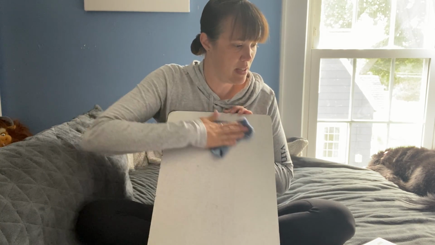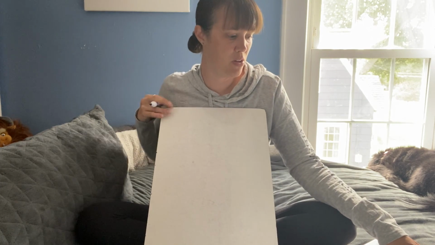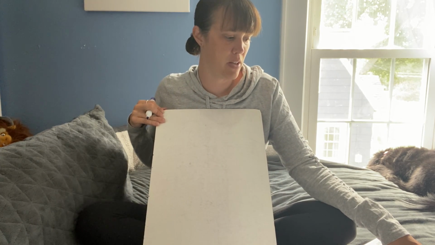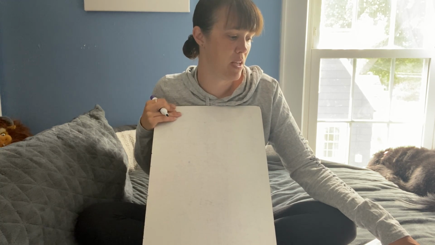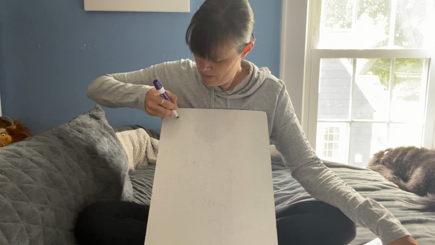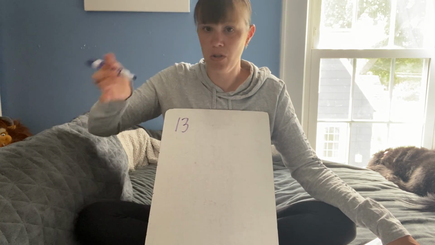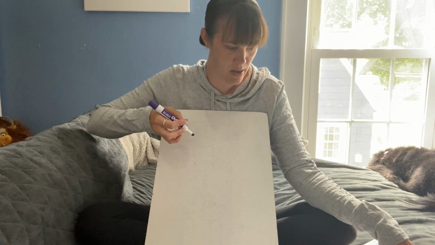Next one, 13 days, 19 hours. So we could go on our conversion chart and break 13 into 10 and 3 and see how many hours it is for 10 days and how many for 3 days. You could just multiply by 24, then add the 19, go for it.